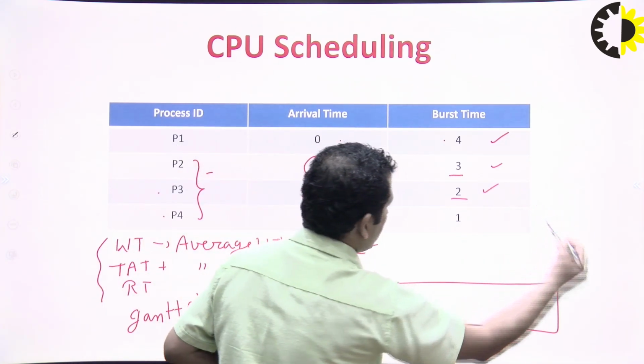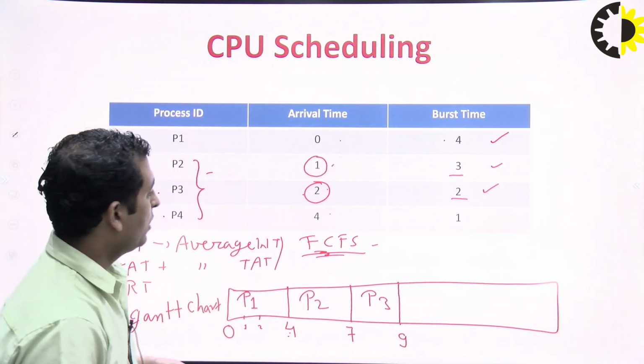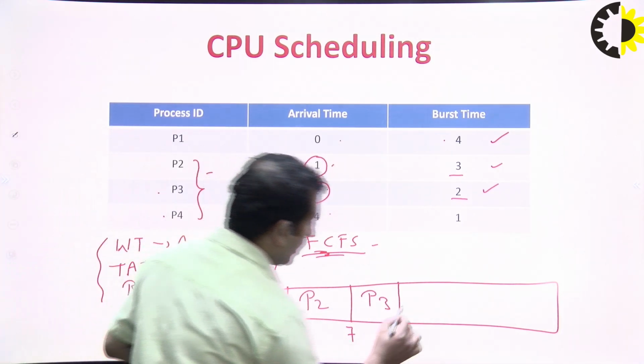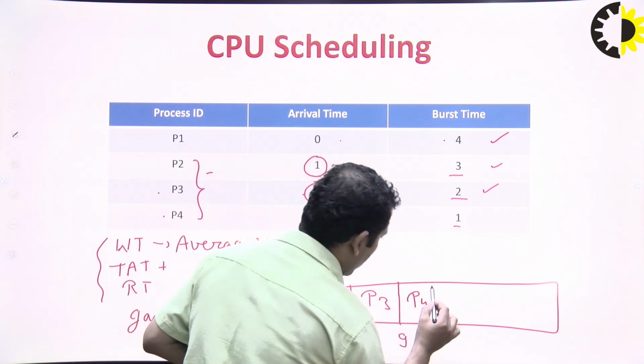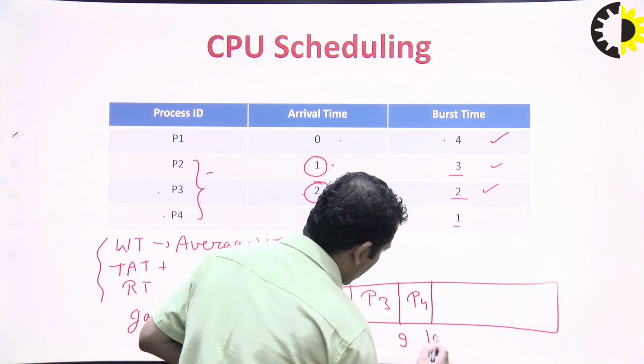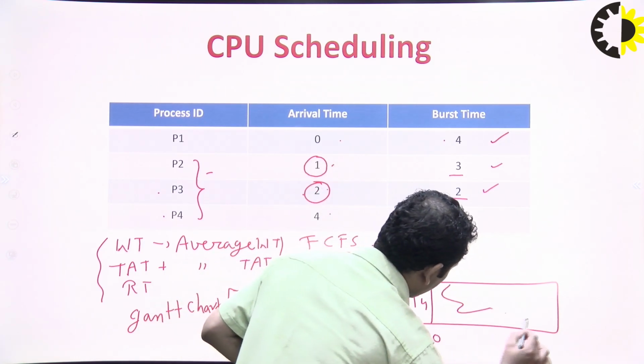Now this goes to the termination state. Now only one process remains, P4. Execute the P4 process for 1 time unit, up to 10.